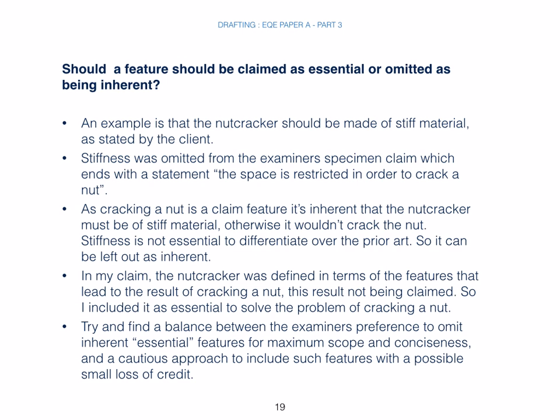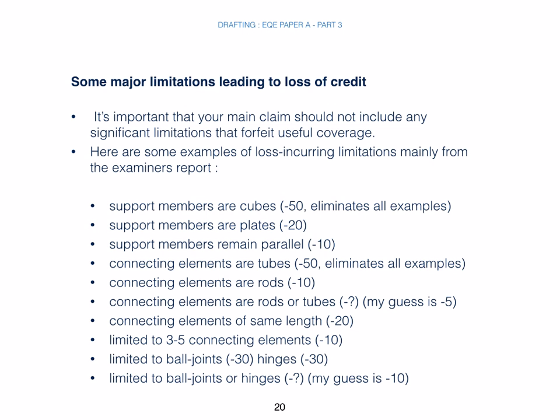Anyway, we turn to the major limitations that incur penalties according to the examiner's report, and this is on the next slide. Here are some of the major limitations that the examiners have identified.